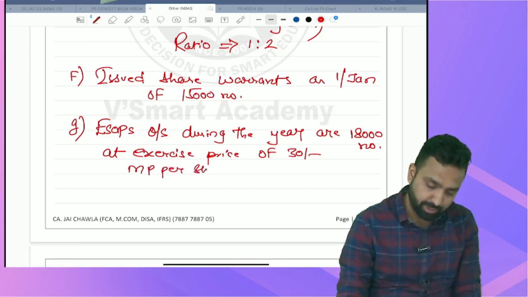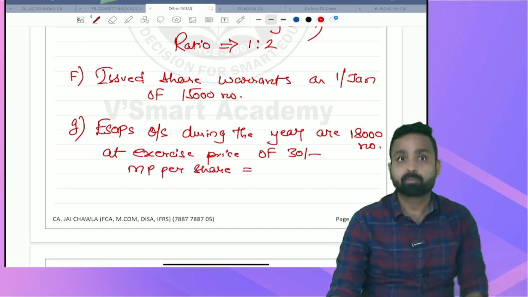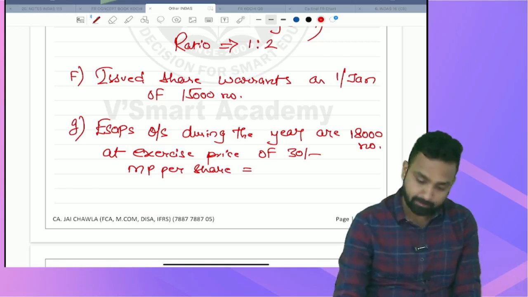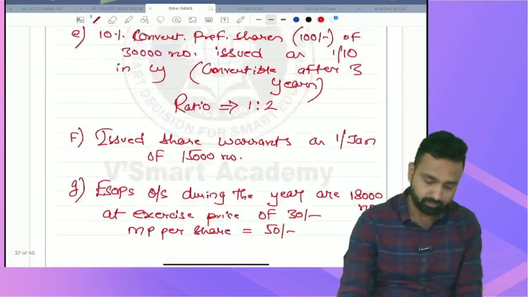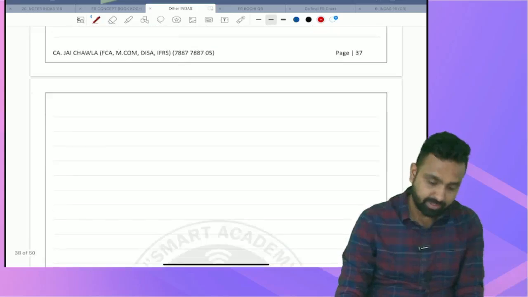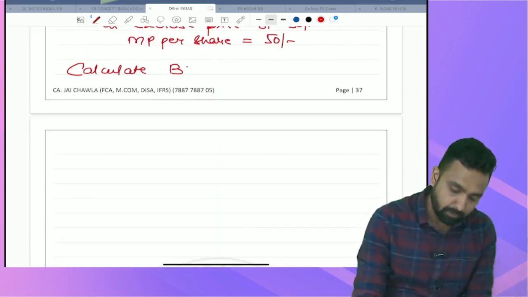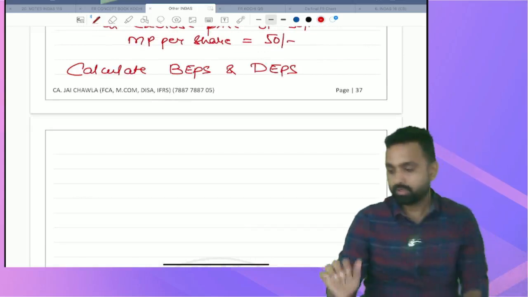Market price per share 50. The tax rate is there, everything is there. Calculate basic earning per share and diluted earning per share.